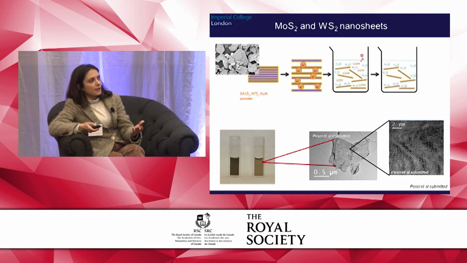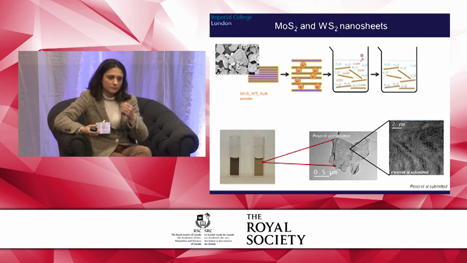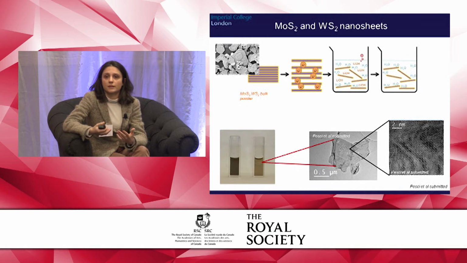And again, as with graphene, the same problem: how can we scale up the synthesis of this material to enable various different applications? In this case, for instance, we need to use a slightly different chemistry to isolate these different layers. We can start again from bulk powders of these materials, which can be synthesized, or we can also find them as naturally occurring crystals.